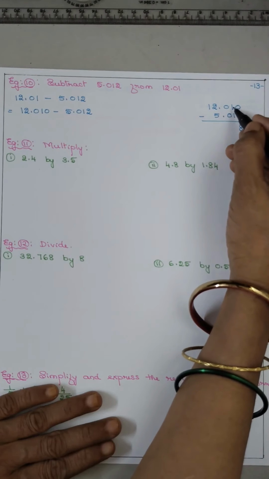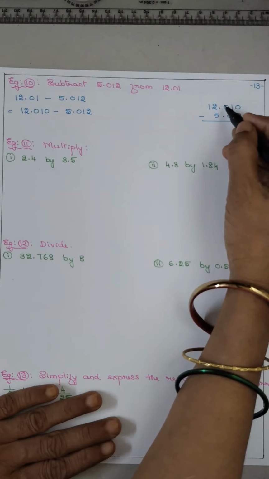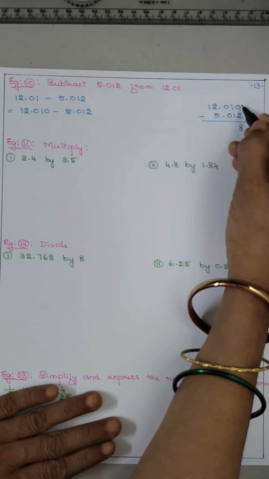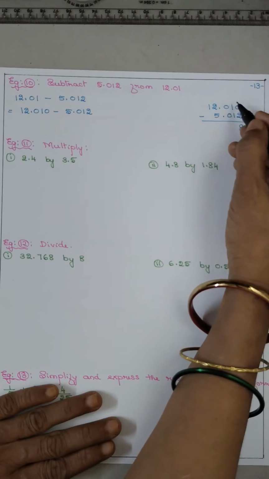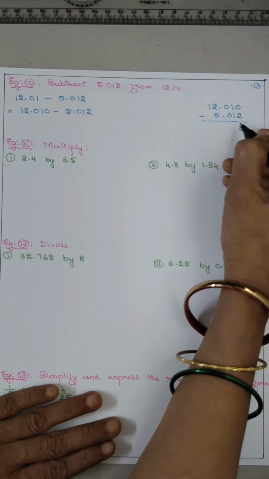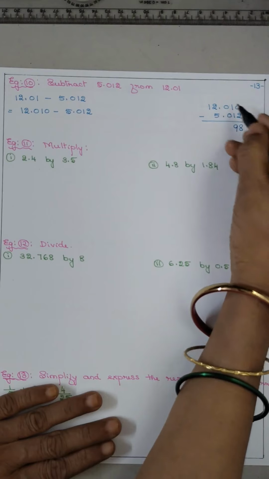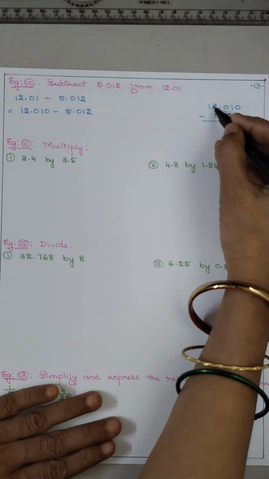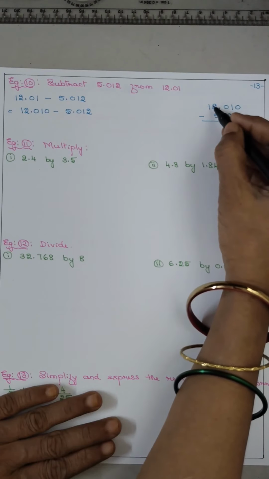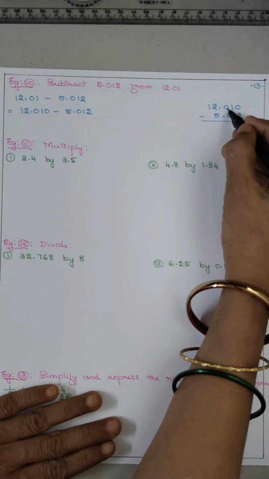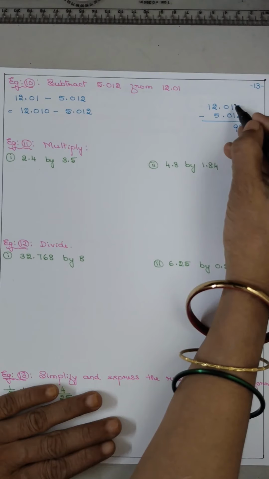Now it is a 9 because we have borrowed, so now it will be 0. So again we have to borrow, so it will be 10 minus 1, 9. Now here we have borrowed from here, so it will be 10 here and then we have taken 1 to the right side, so it will be 9.